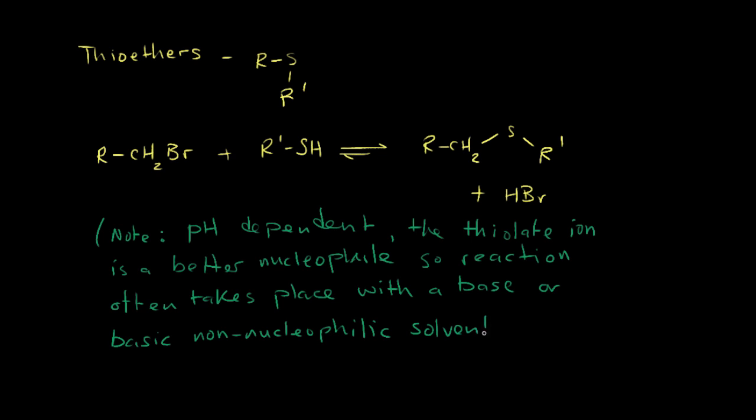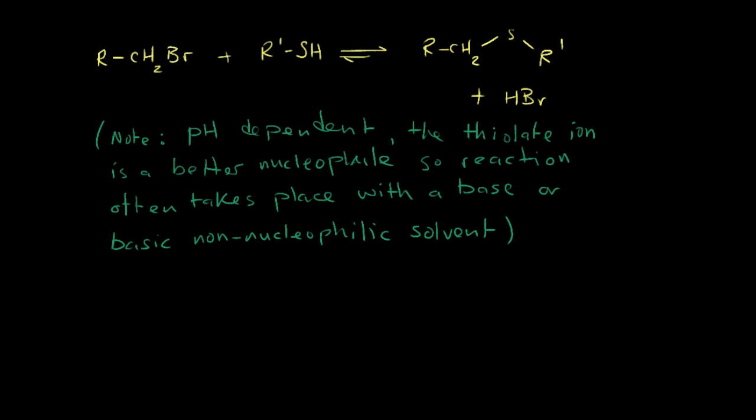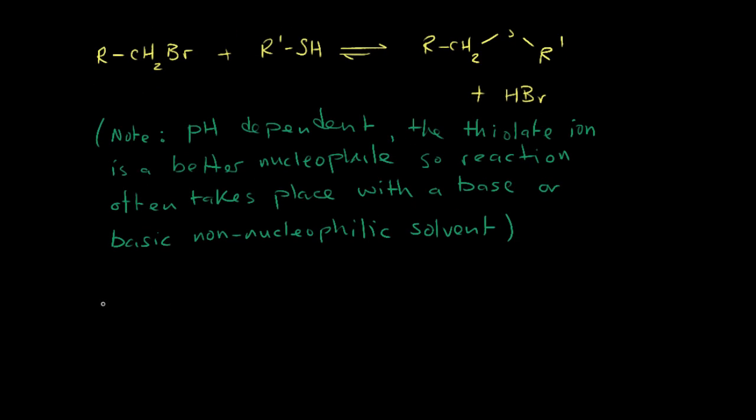So what happens in this case? Well, we have our alkyl bromide, our primary bromide in our reaction. We generate thiolate ions. Now, if we have a base present, often the base has to have a lone pair of electrons, and the base is often neutral, and if it picks up the proton off the thiol, it becomes charged, and then you can see that we've got a counter ion there.